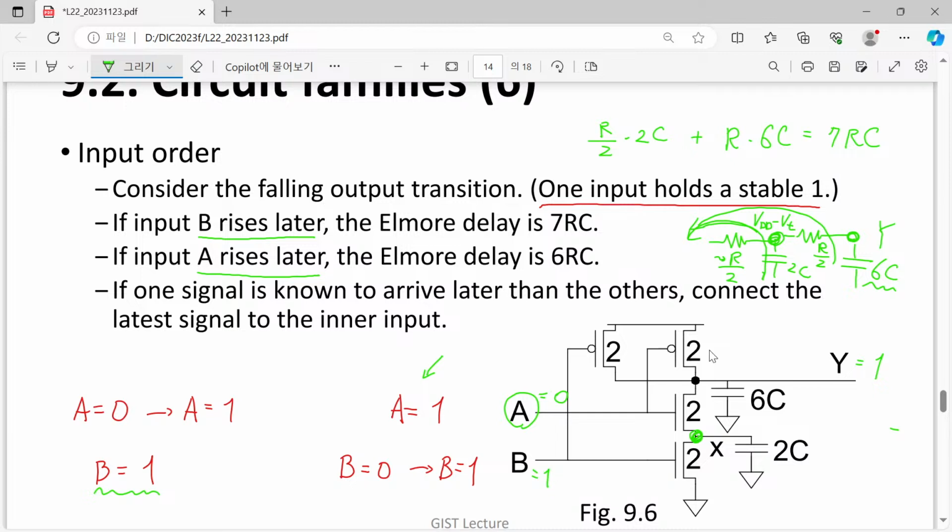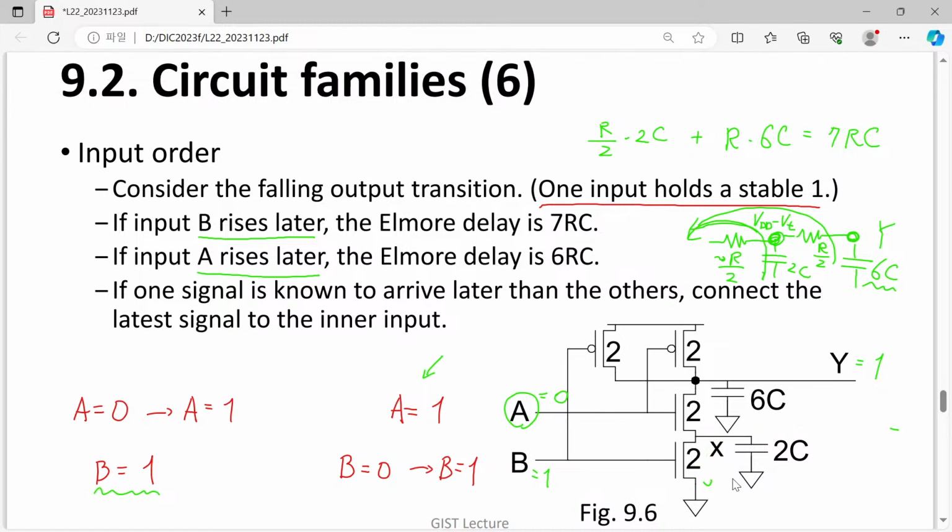If we allow any value of this X node which is larger than 0, then that will conduct a certain current. However, this serially connected A and B MOSFET should not conduct any current. So simply speaking, it is certain that this X node should be fully discharged.